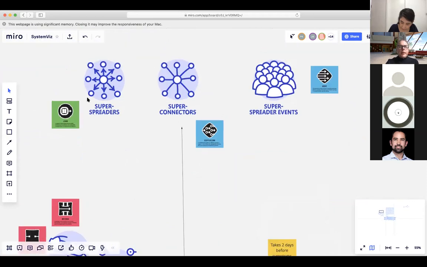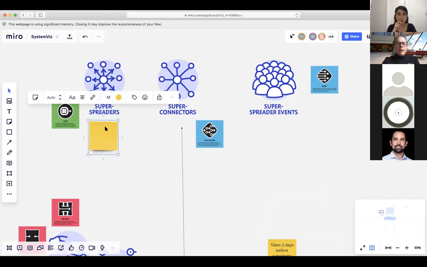And so these might be some of the things we want to focus on, because we know that, for example, something like 90% of cases of infections, I don't know the number off the top of my head, come from 10% of individuals.